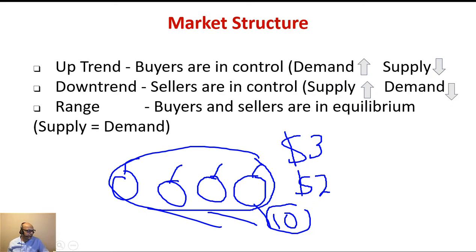All you need to understand right now is that when we talk about supply and demand in an uptrend and downtrend, it's about who is in control right now. That's the entire thing we need to understand.